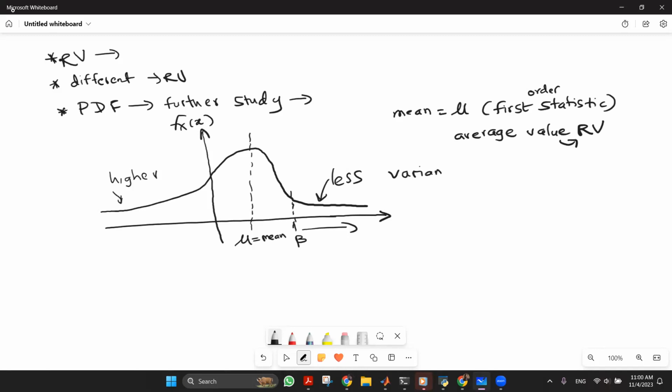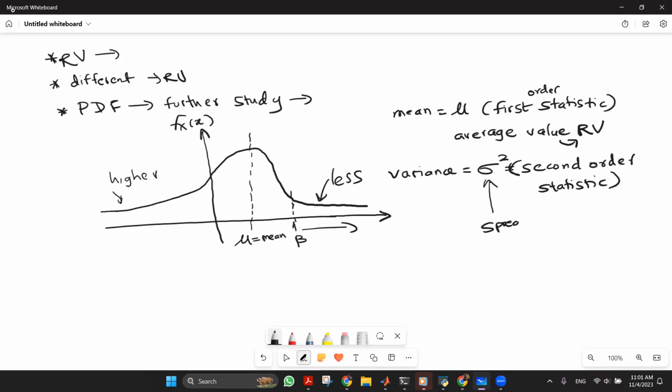Then I talked about the variance, which we denote as sigma squared. It is a second order statistic. The variance gives us the spread, or the width, or the broadness of the density function.